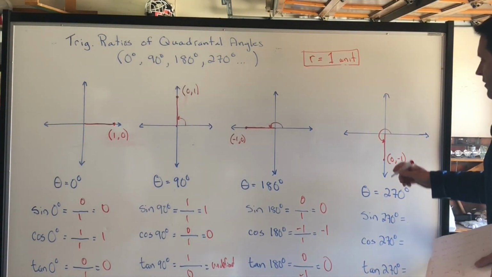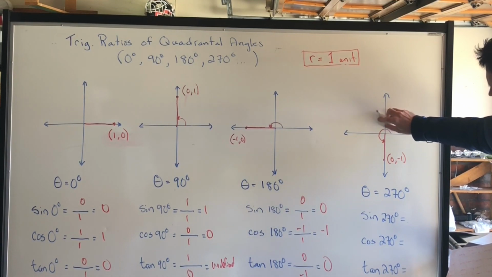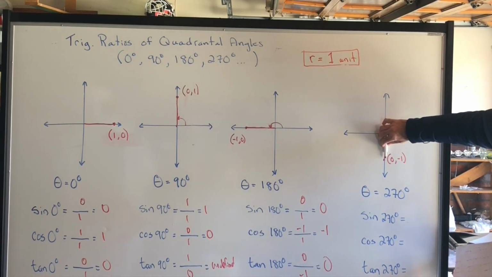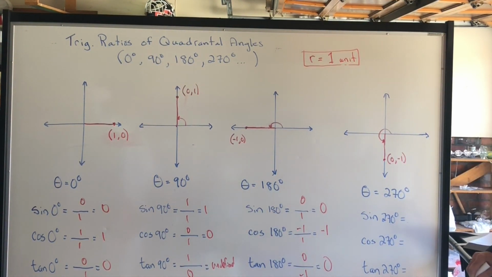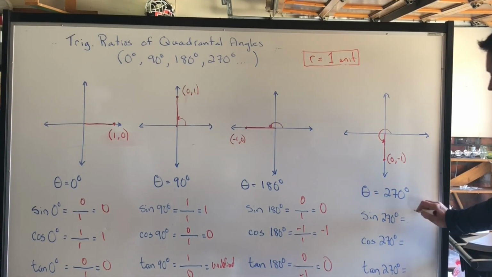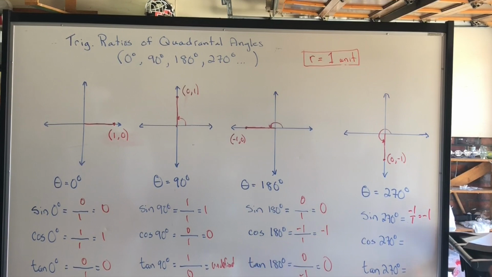How about 270 degrees? The terminal arm has rotated all the way down here. It's sitting on the negative y-axis. The point on the terminal arm is 0 and -1. So our sine value, that's y over r, -1 over 1, which is -1.